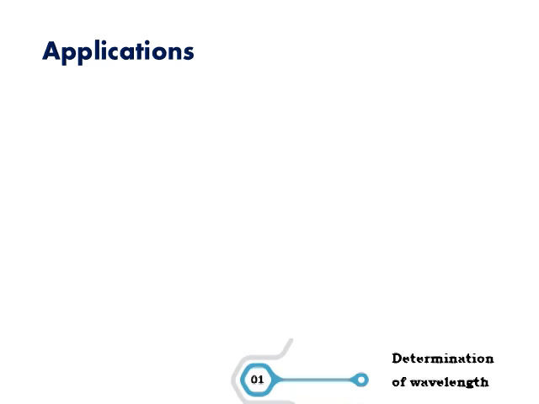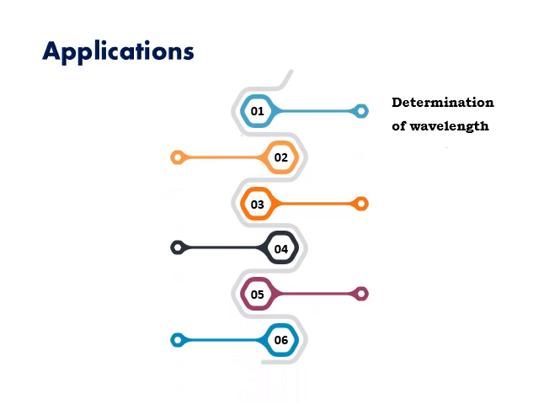Now it is time to see where we can apply the knowledge of Newton's ring experiment or interference in our life. The applications are listed like this. With the help of it you can determine the wavelength of any unknown source of light. Then determination of the refractive index of a liquid is possible with the experiment.